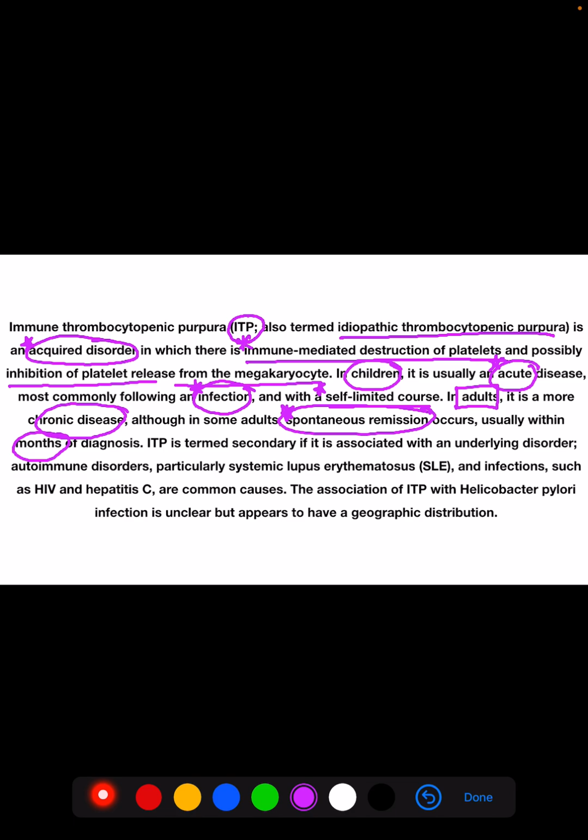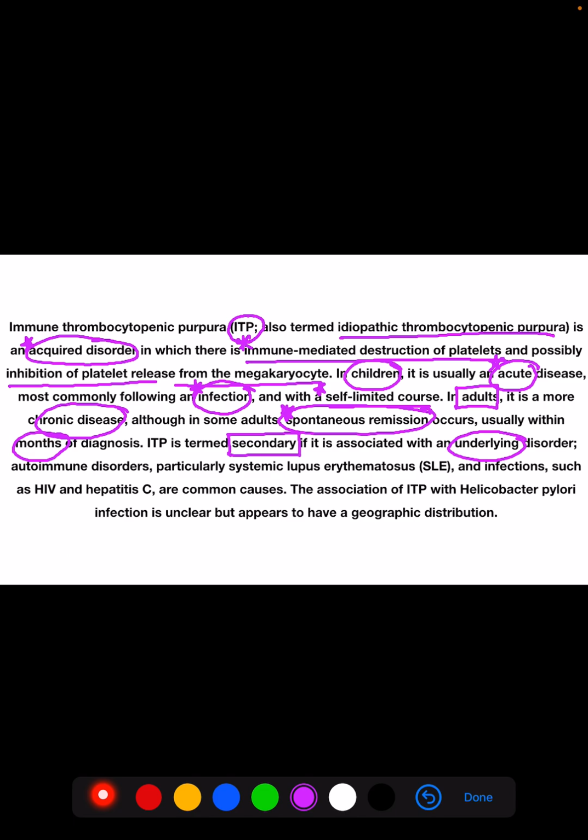ITP is termed secondary. So when do we say that a patient has a secondary ITP? When this ITP is associated with an underlying disorder. What underlying disorders can cause secondary ITP?